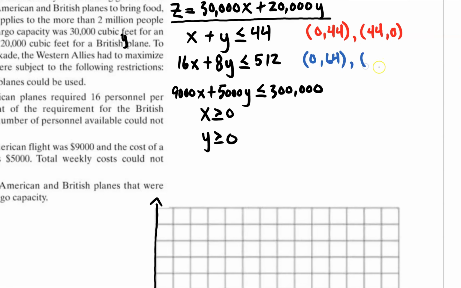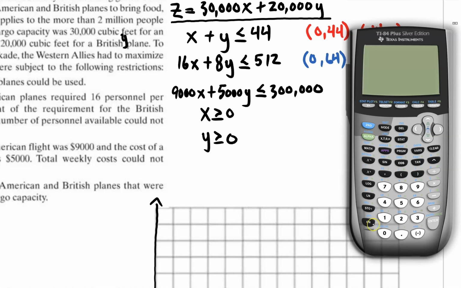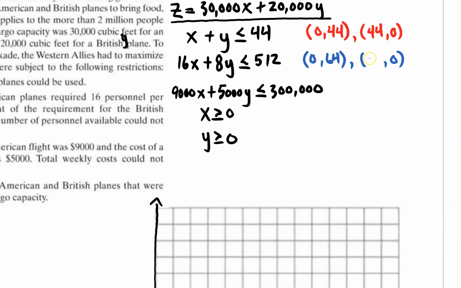And if I do 0 for y, then 16 divided into 512, that one I got to grab my calculator for because I don't know that one off the top of my head. So that's 512 divided by 16. That's going to be 32. So I have 32, 0.